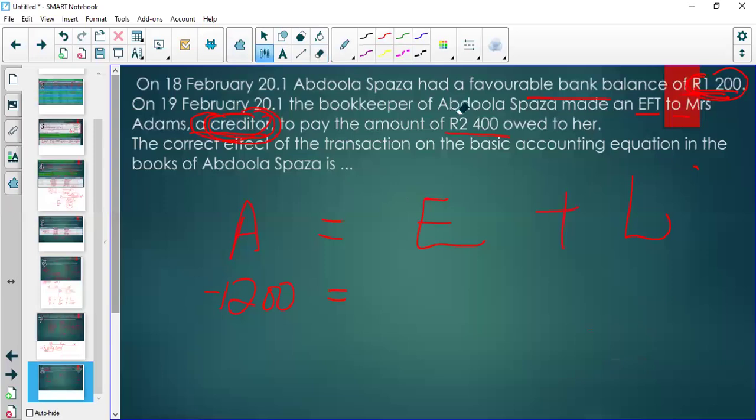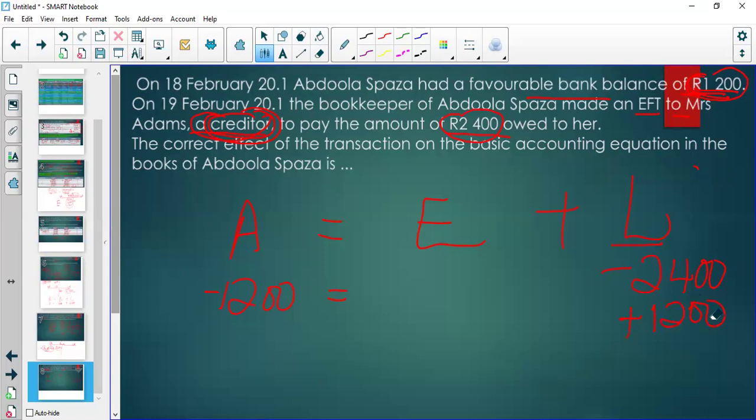We actually owed this guy 2,400. So what happened is that we reduced the 2,400 that we owed, the liability. But now we owe someone else, which is the bank. We owe the bank a new liability of 1,200. Does that make sense?